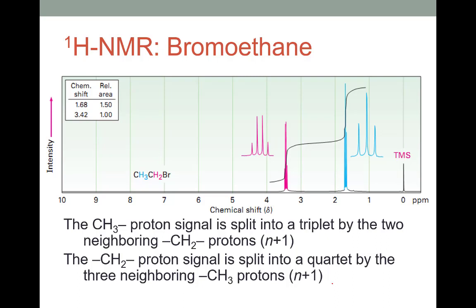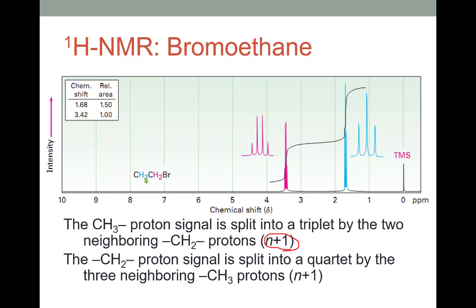But our splitting rule for Pascal's triangle tells us that we take our number of equivalent neighboring protons and increase that number by 1 to get the split we're expecting. So if we look just at the pink hydrogens for a second, our pink hydrogens have 3 neighbors.